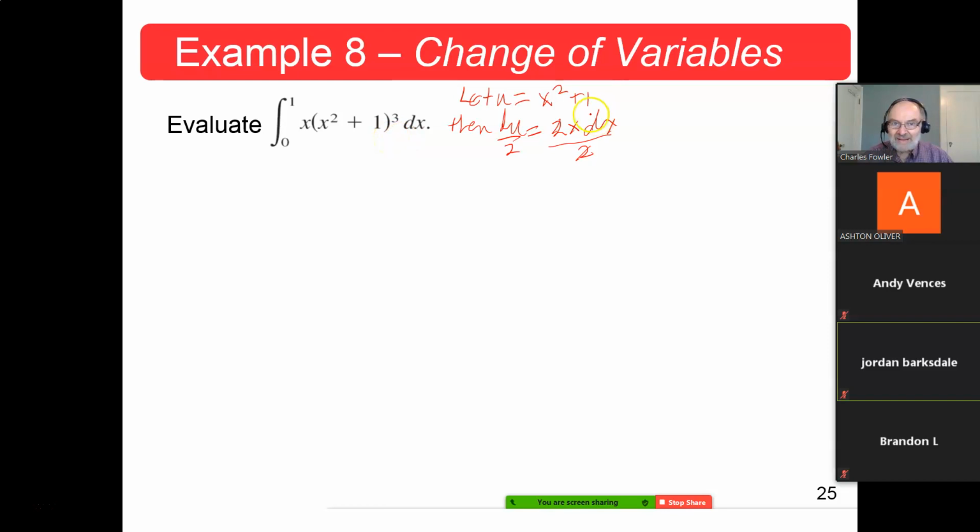But before we write down the integral, what we're going to do is go back to this thing here. When x is equal to 0, that's what this is meaning, x equals 0, what is u equal to? 0 squared plus 1.